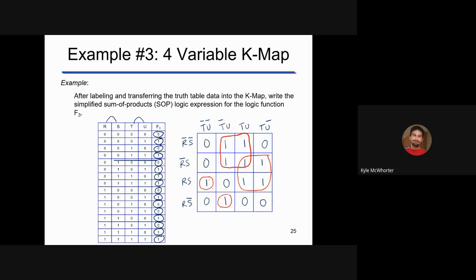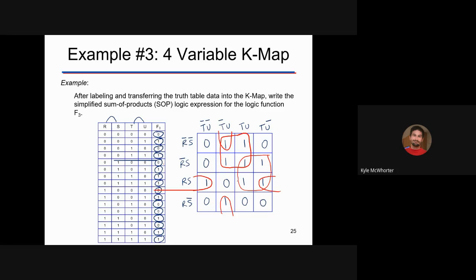Problem with that is we can do it a simpler way. Remember, it's always better to do a bigger group if possible. So rather than circling one by itself, look to see if you can make a pair with it. And it looks like we can do the side-to-side pair with this one. And with this guy right here, we can do the top-to-bottom pairing.